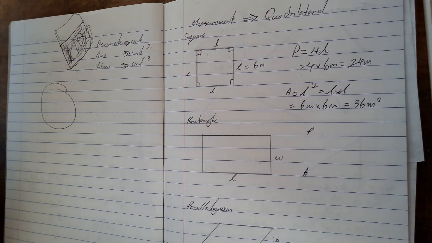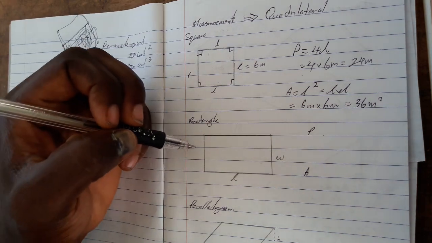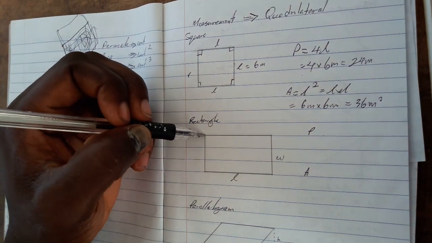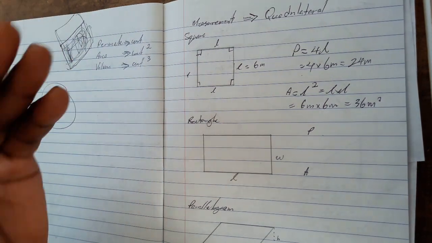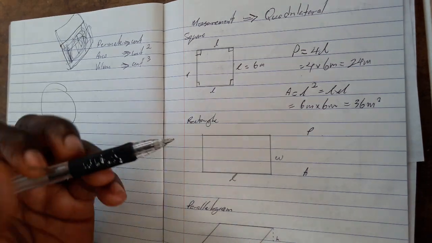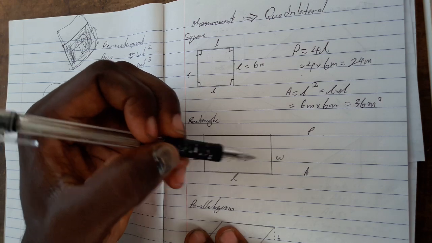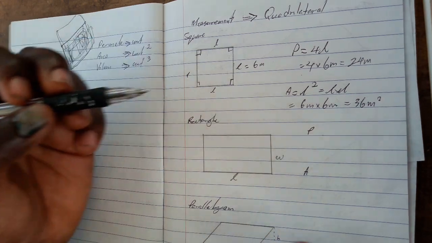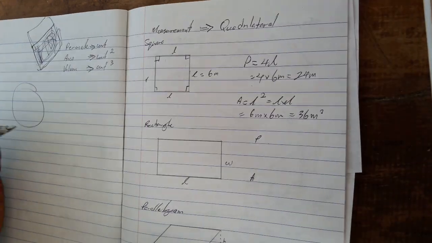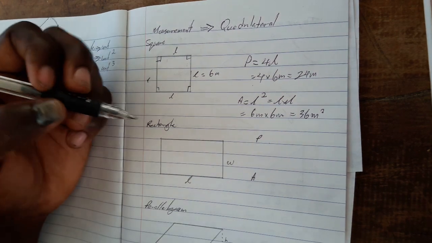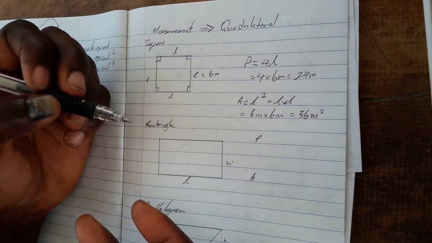Rectangle, no big difference, except that the sides don't have the same size. One side is longer than the other. This is called the length, this is called the width. So what is the concept? A rectangle is a parallelogram, I must say.